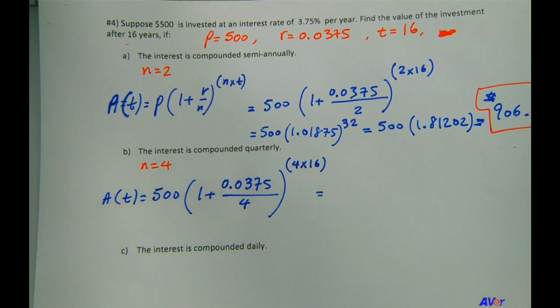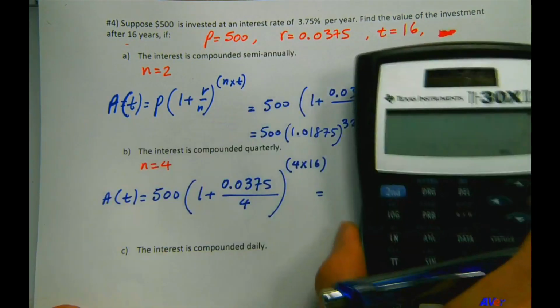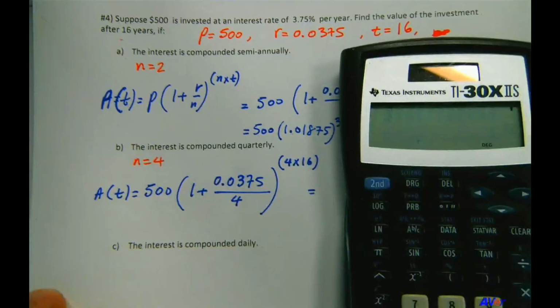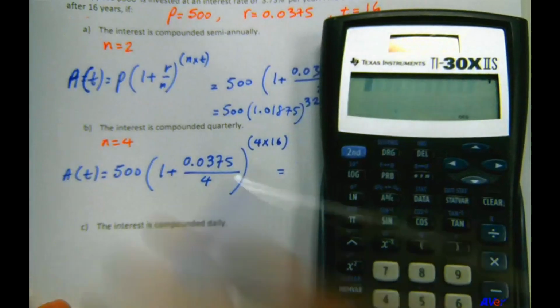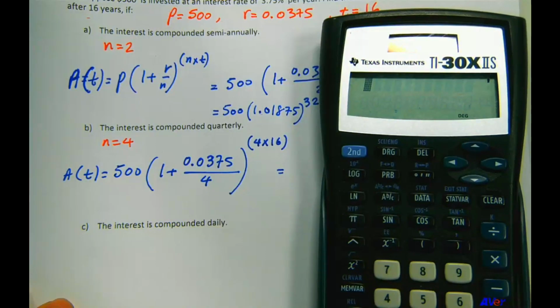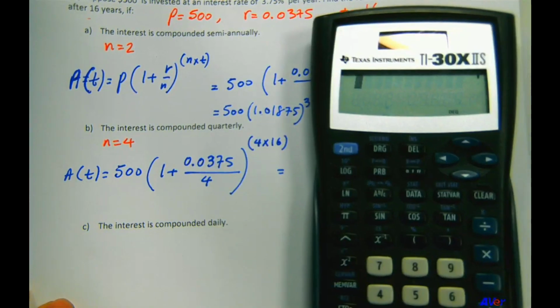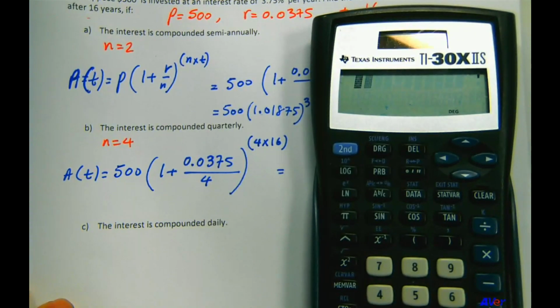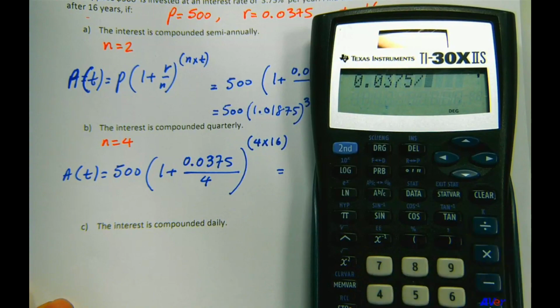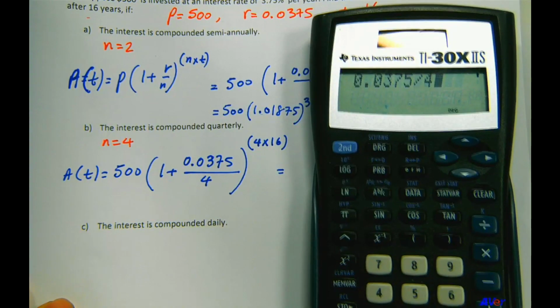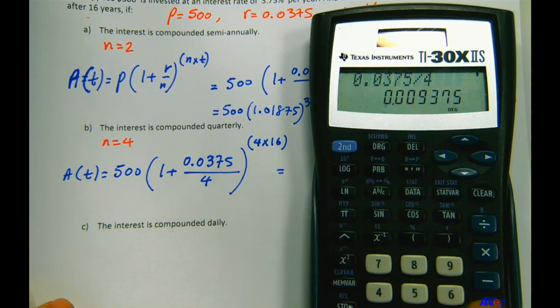So the first thing you should do is divide 0.0375 by 4 and then add 1 to it. Let's do that. Okay, 0.0375 divided by 4, like that, plus 1.